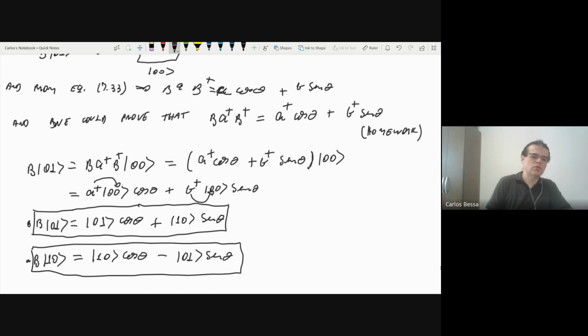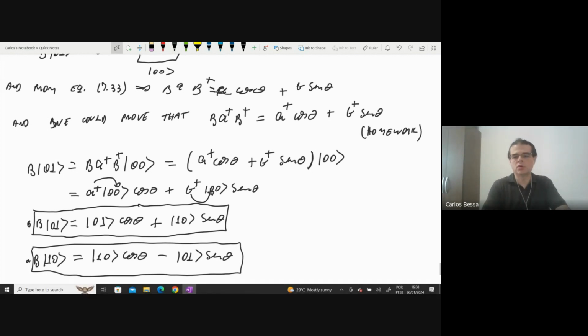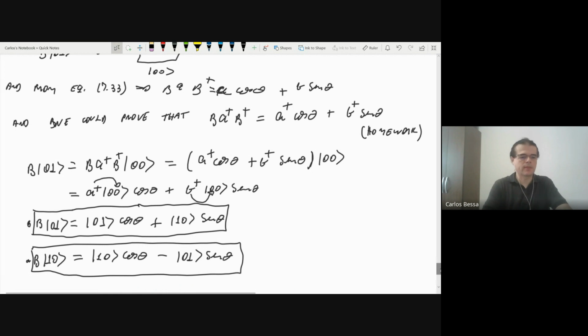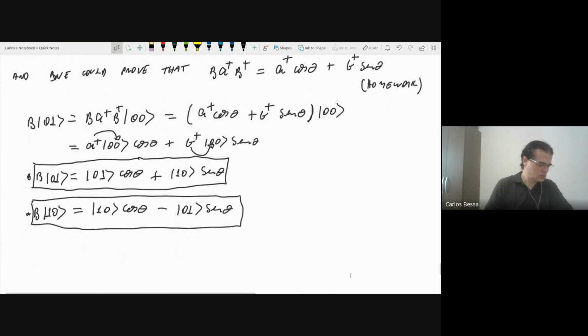Remember that in the dual-rail representation, we have these states, and we represent them as our logical qubits. This is the logical 0 and 1 manifold states.